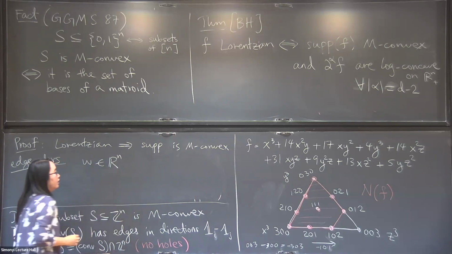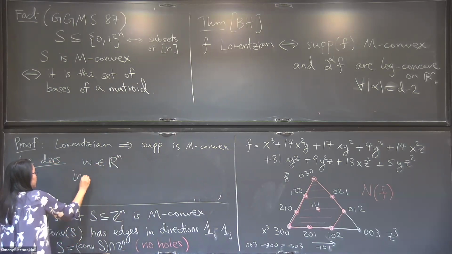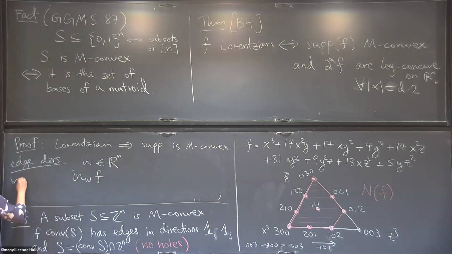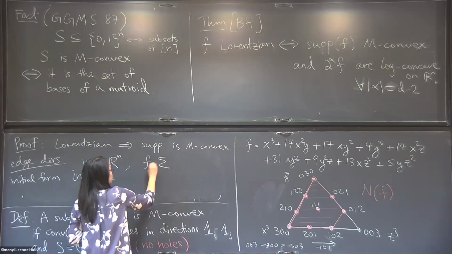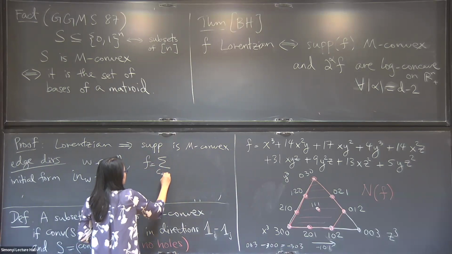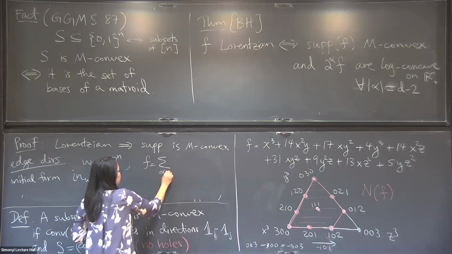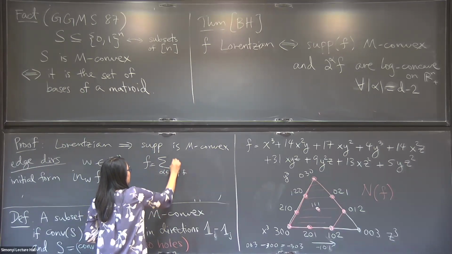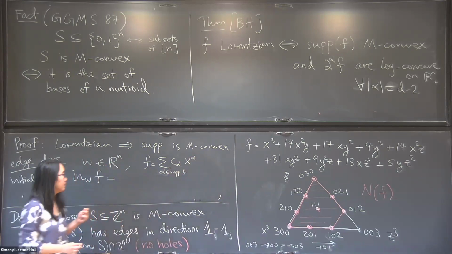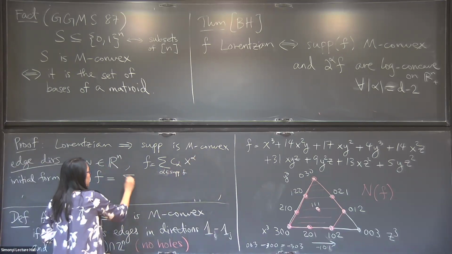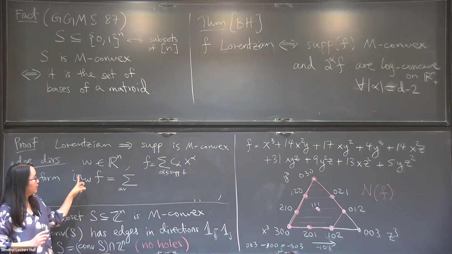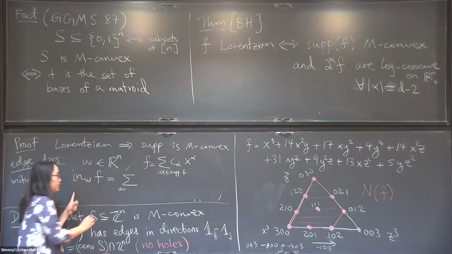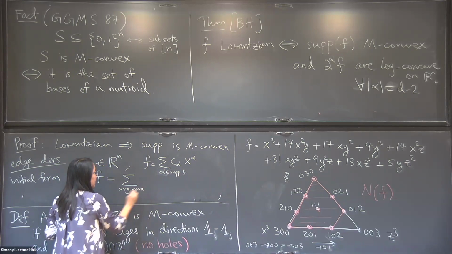For w in R^n and a polynomial F, we define the initial form in_w(F). F is the sum over alpha in the support of c_alpha x^alpha, and you sum not over all alpha, but only pick out the alpha that maximize the dot product with w, the argmax.